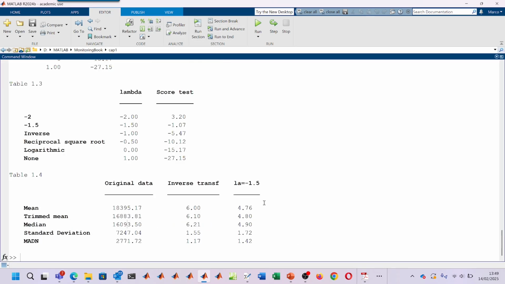Now, as we did before, we compare the statistics in the original scale using the inverse transformation, and then we also have lambda equal to -1.5 because that was the best value according to the score test. Once again, this table is static.